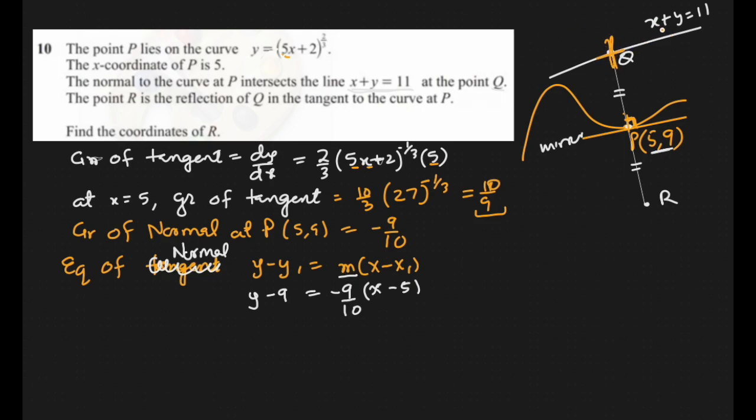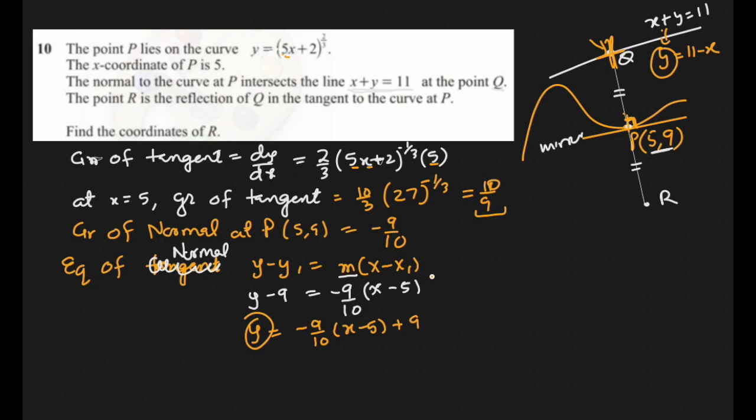So what will I do? I'll convert this equation to y equal to 11 minus x, and here also that normal will become y equal to minus 9 over 10 x minus 5 plus 9.